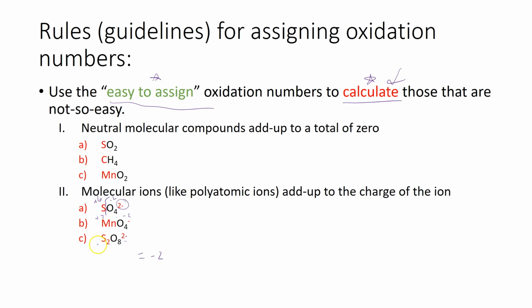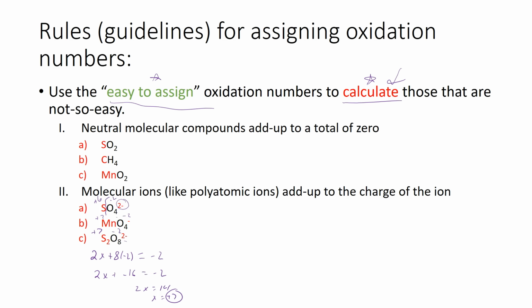I have 2 sulfurs, so rather than just saying X plus, I'm going to say 2X plus 8 times -2 equals a -2. So 2X plus -16 equals a -2. 2X equals 14, X equals plus 7. Boom. So my sulfur has an oxidation number of plus 7. My oxygen, -2. There's my oxidation numbers.